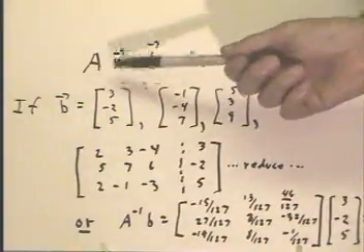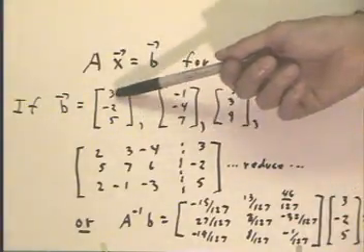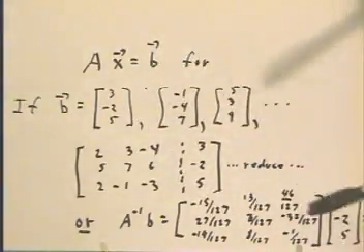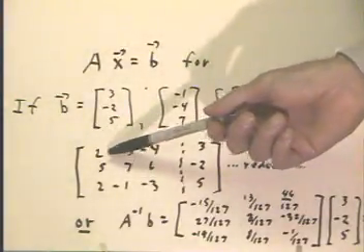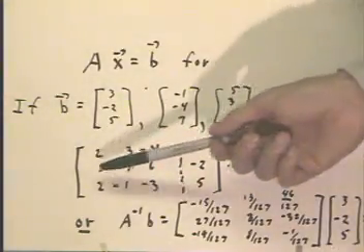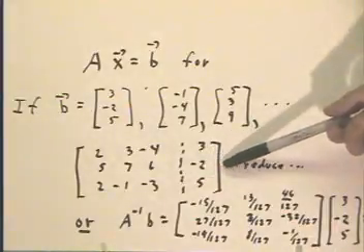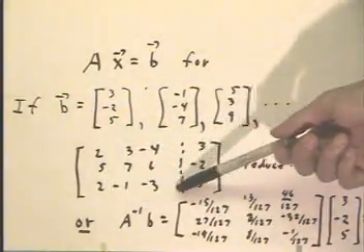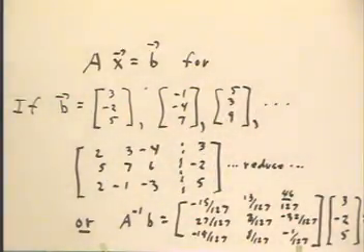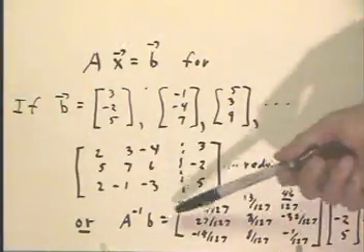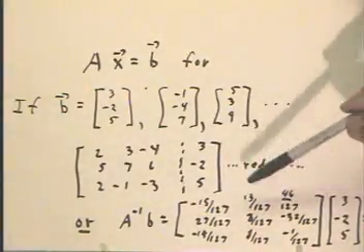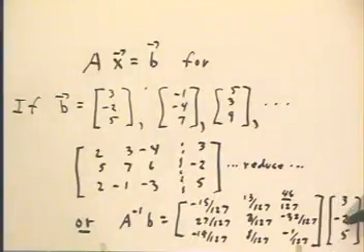That is the x, y, and z that would give us these 3 numbers. So for the equations 2x plus 3y minus 4z equals 3, 5x plus 7y plus 6z equals negative 2, 2x minus y minus 3z equals 5, we would get the solution A inverse, which is this matrix, times the 3, negative 2, 5.